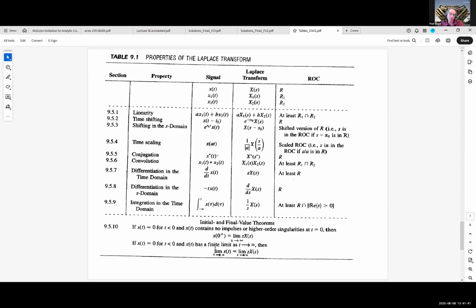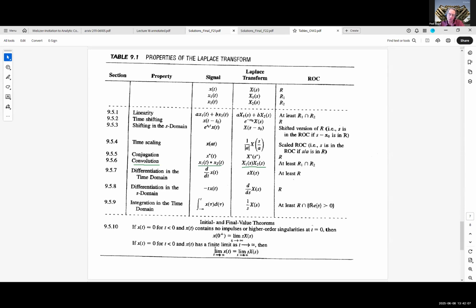And what we see is that the convolution property is very similar to the convolution property that we had for the Fourier transform. It says if you take the convolution of two signals, then the Laplace transform of their convolution is the product of their respective Laplace transforms.